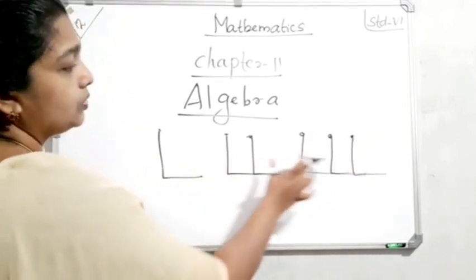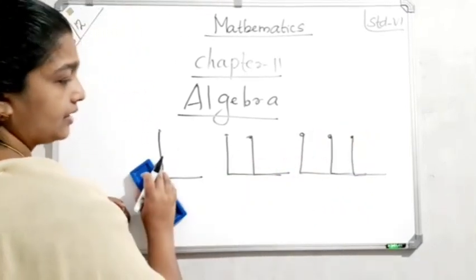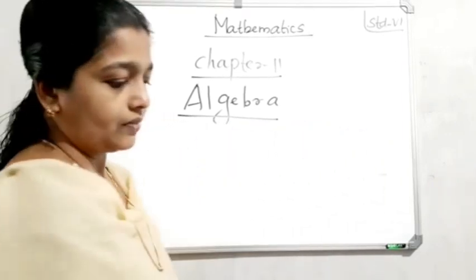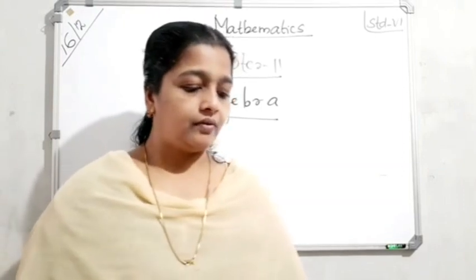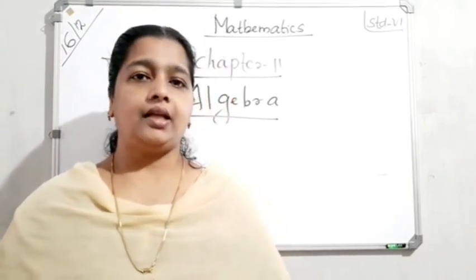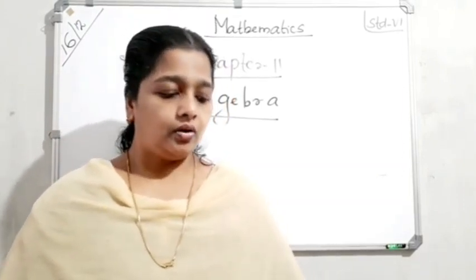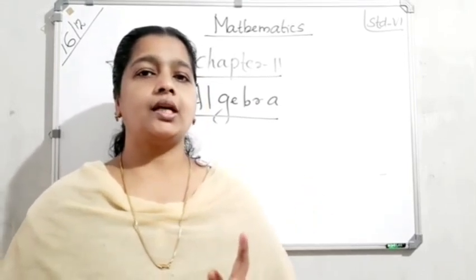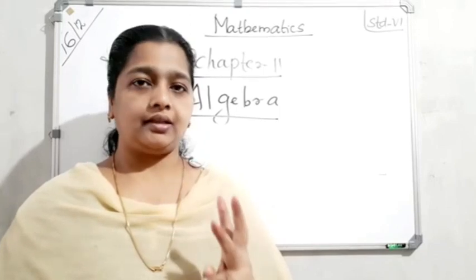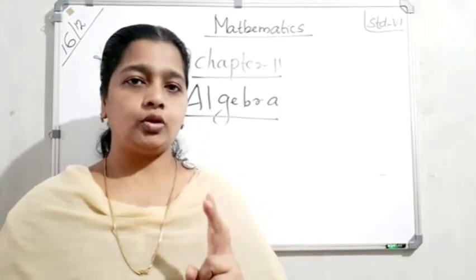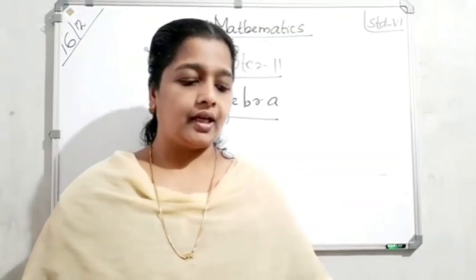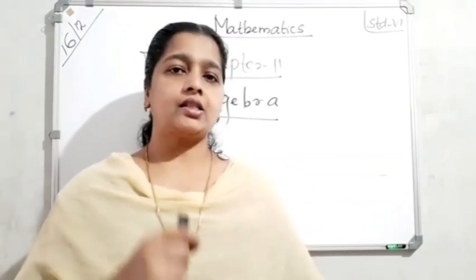So 1, 2, then 3, etc. Understand? So then here how many matchsticks we used: in N, 3, and for L, 2. Clear? Then what is the next new word?